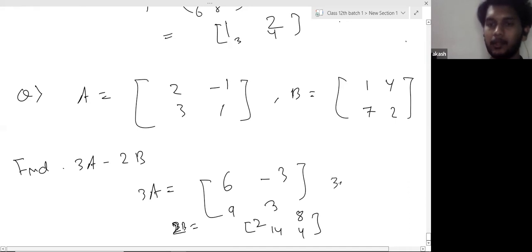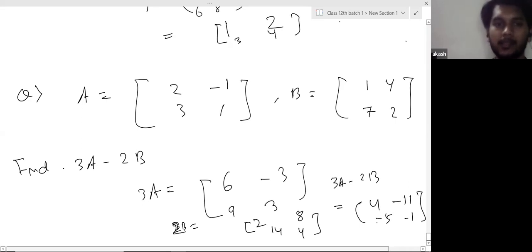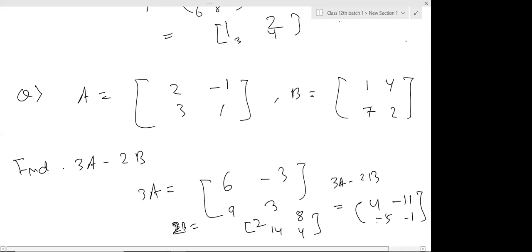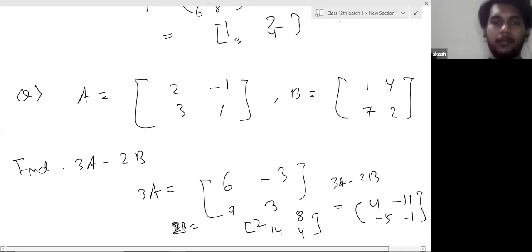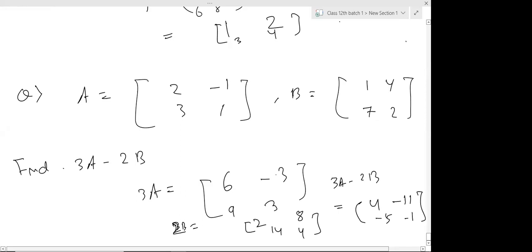So 3A minus 2B is equal to 6 minus 2 is 4, minus 3 minus 8 is minus 11, 9 minus 14 is minus 5, 3 minus 4 is minus 1. Is this clear? Yes, sir. All right, Hamza, Shekhani, Rishan.